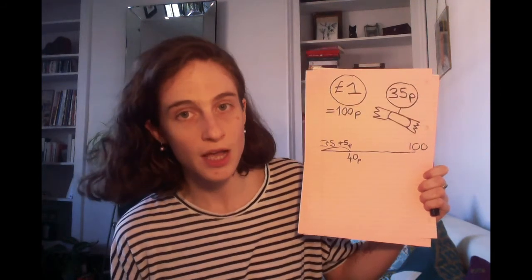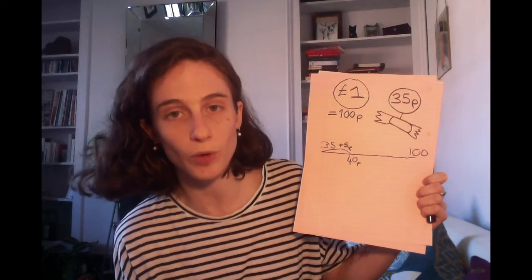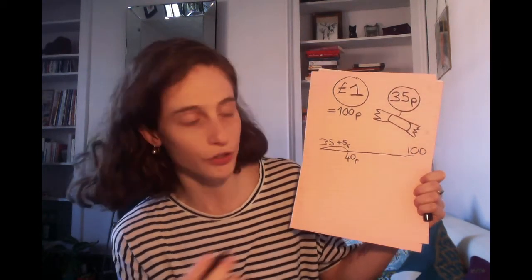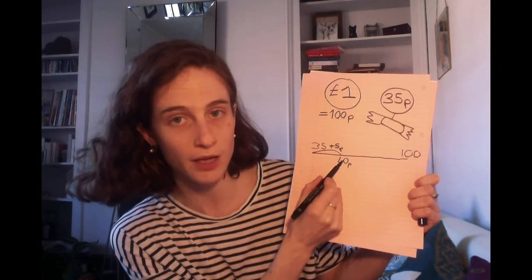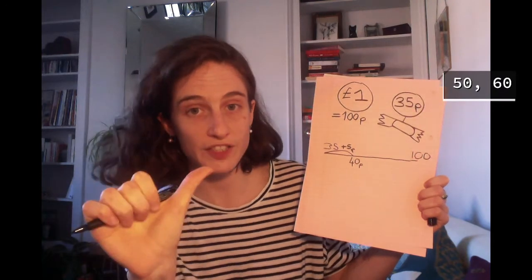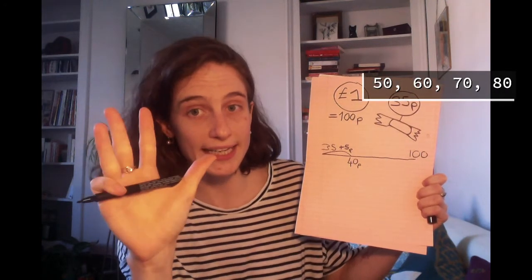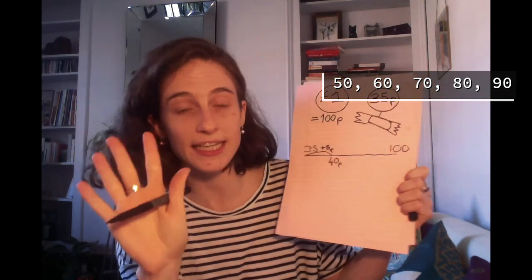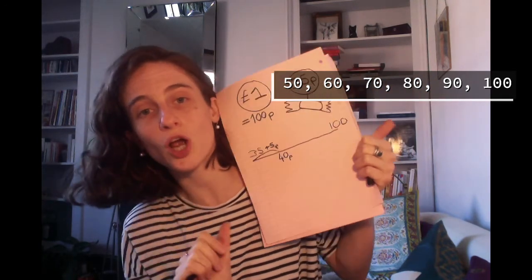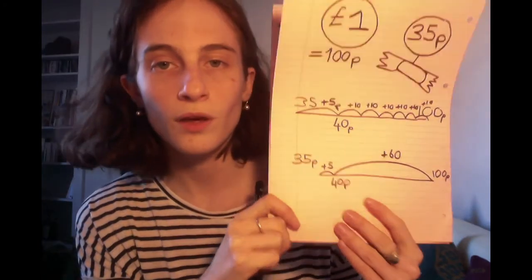So how many tens is going to get us up to 100? And you could count it on your hand, starting at 40, remember? So 50, 60, 70, 80, 90, oh, missing a finger, 100. How many tens? Work it out, and then wonderful.